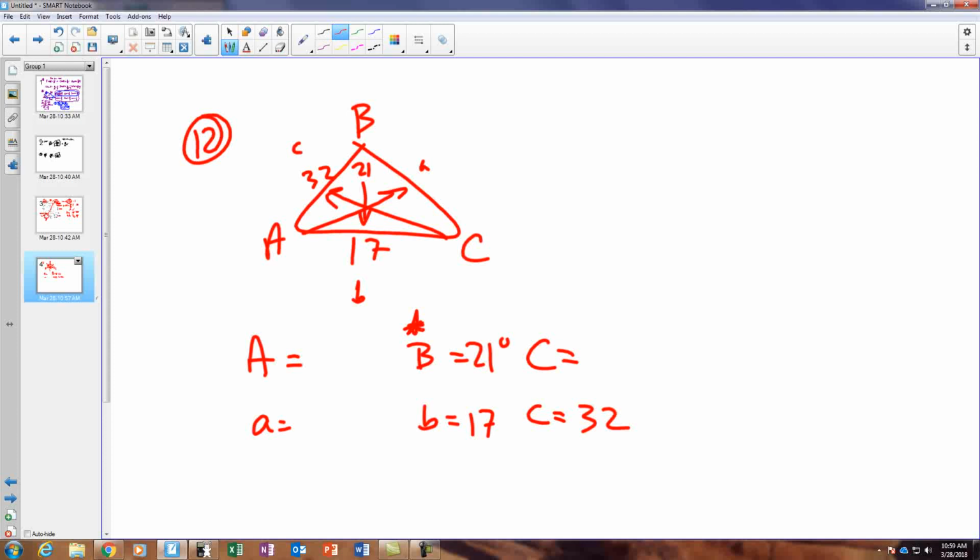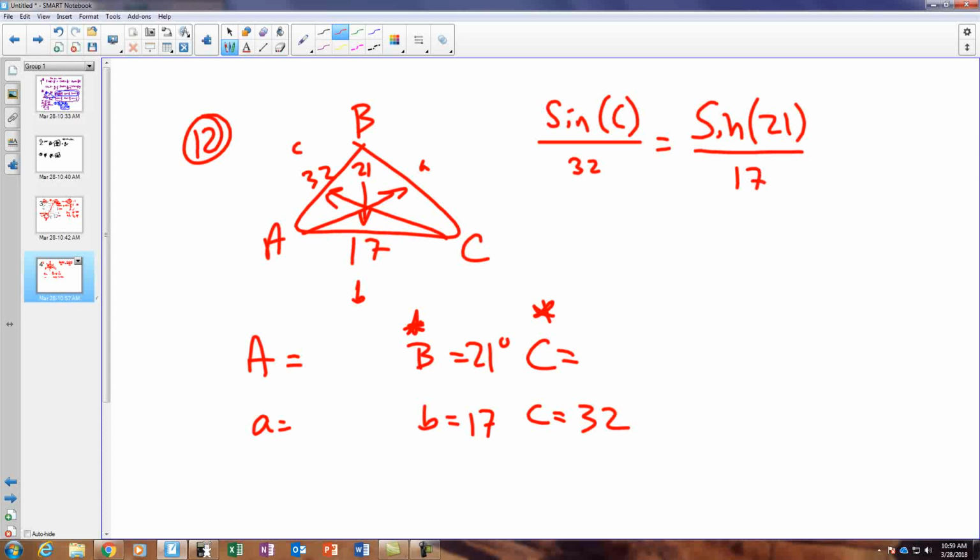So because I'm going to start looking for angle C, I'm going to say that the sine of big C over 32 equals the sine of big B, which is 21, over little b, which is 17. Now some of you are going to say right now, Mr. Welch, we're supposed to avoid big angles, and this right here should probably be an obtuse angle.